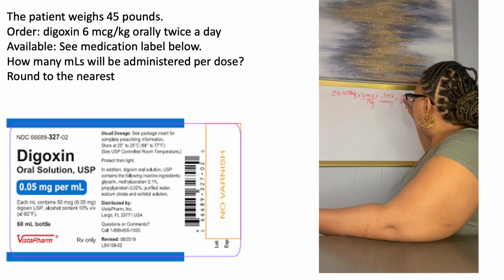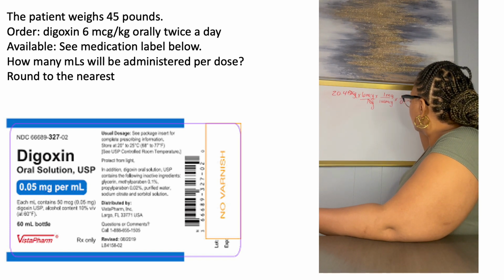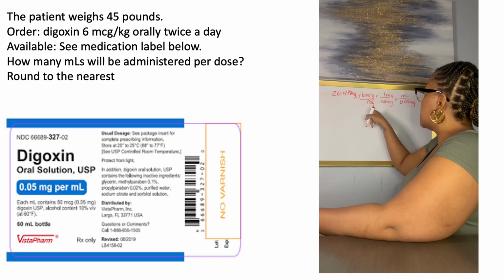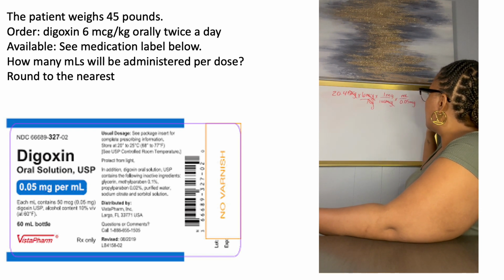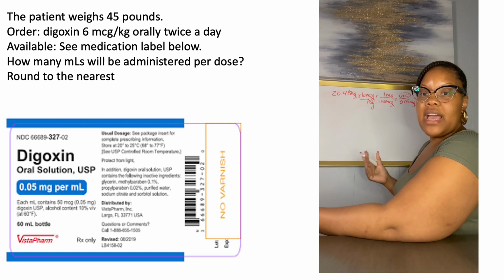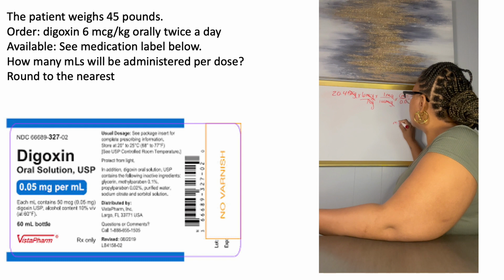So it says 0.05 mg. Let's cross out kg, cross out kg. Microgram cancel out, milligram cancel out, milligram cancel out. So all we're left with is milliliters, and that's what the question is asking for, right? Milliliters.